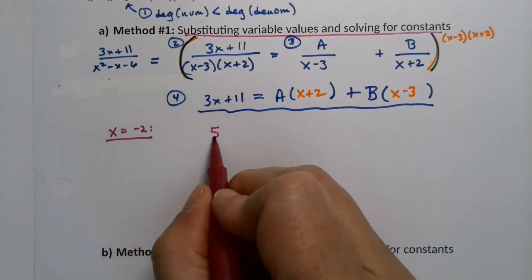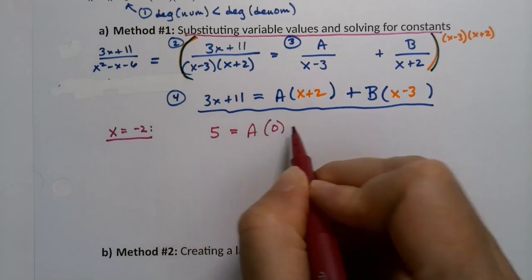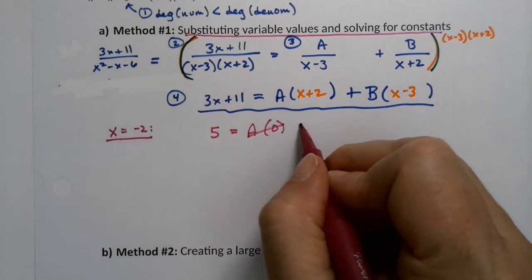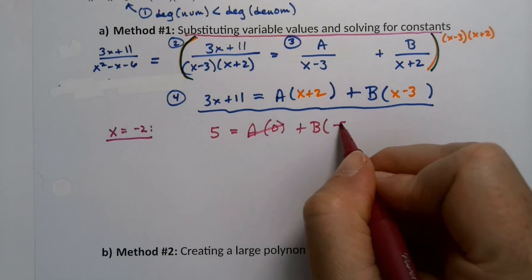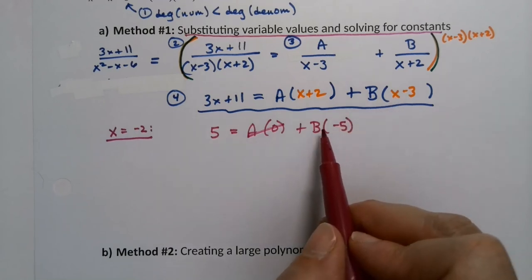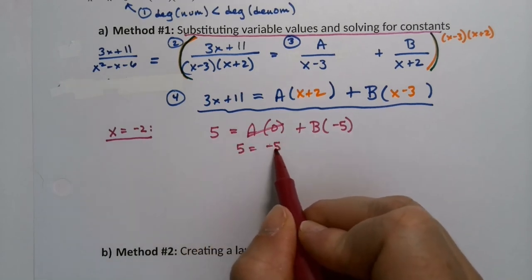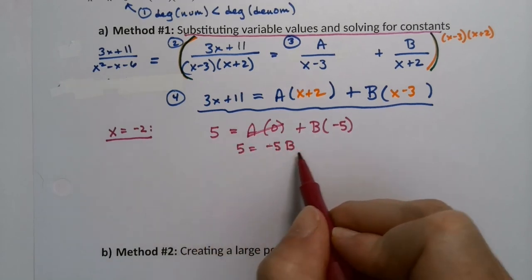I would have 5 equals a times 0. See why I chose -2? Plus b times -5, because -2 minus 3 is -5. Solving that, 5 equals -5b. That means that b is -1.